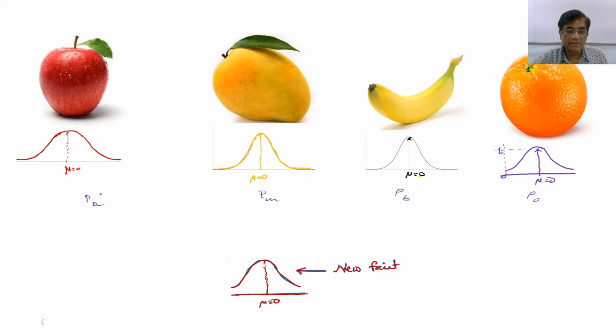I will see the maximum of these values, and that will definitely be the class where it should be categorized, because that's the class where this feature is most similar. So this is essentially how the generative model makes a prediction.